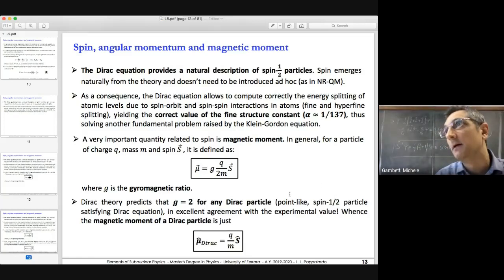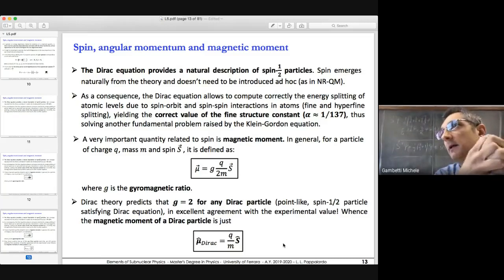So for a point-like spin 1/2 particle, the Dirac theory predicts exactly that g, this gyromagnetic factor, must be equal to 2. So then for a Dirac particle, you can just simplify g with the 2 in the denominator, and the magnetic moment for any Dirac particle is predicted to be given simply by Q over m times the spin.